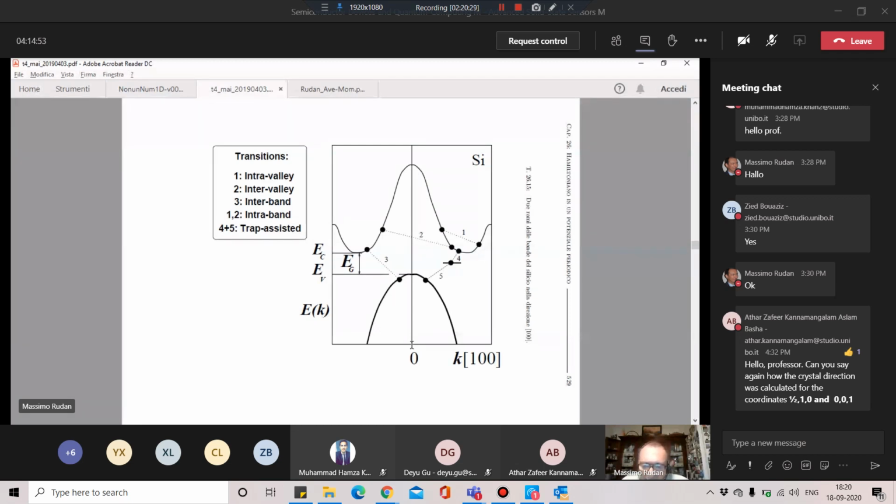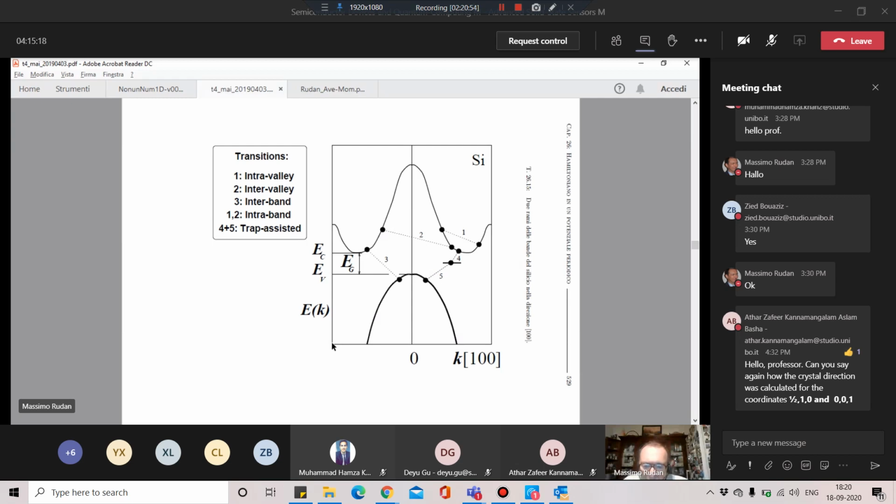And since we are in the 1, 0, 0 direction, you remember at some point this axis hits the boundary of the Brillouin zone in the X point. So the right limit here and also the left limit here are two of the possible X points.